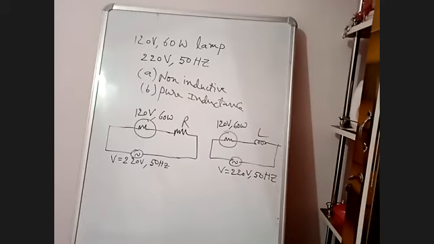How much resistance we have to connect in series with the lamp so that the bulb will glow brightly, and in the second case, how much inductance we have to connect in series with the 60 watts bulb so that it will glow brightly. We have to determine R in the first case, L in the second case.